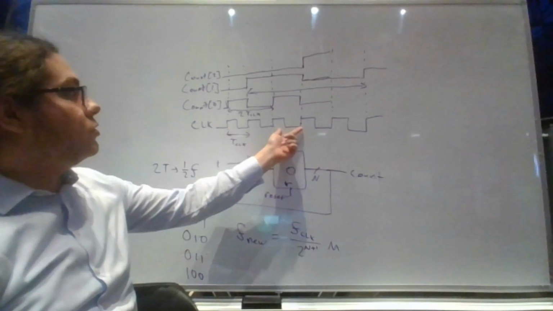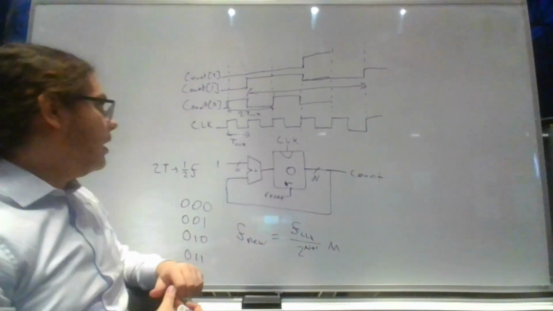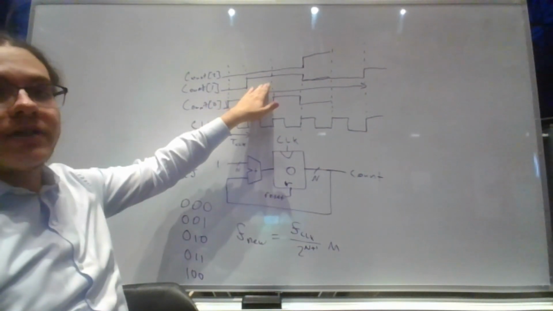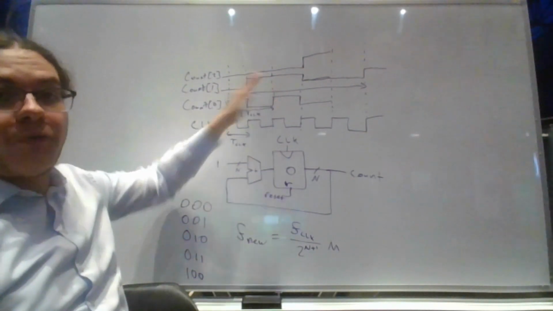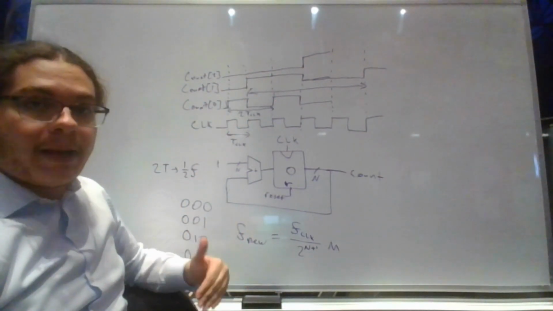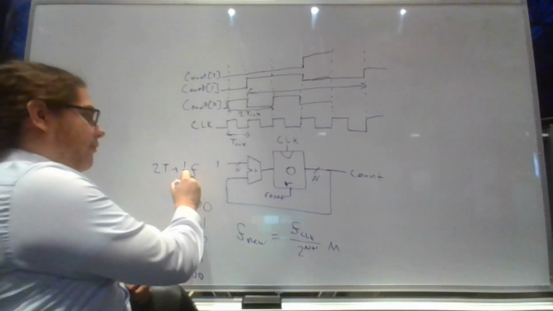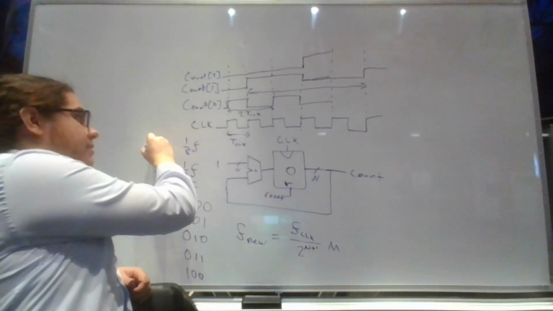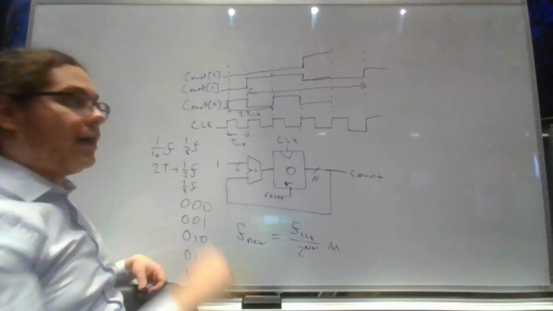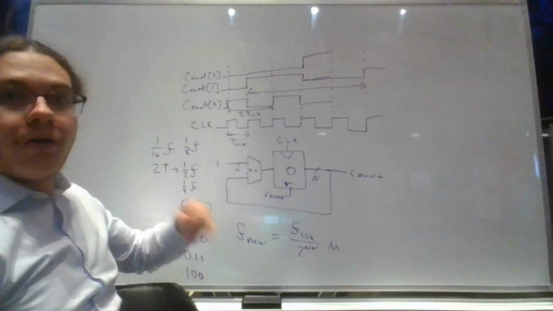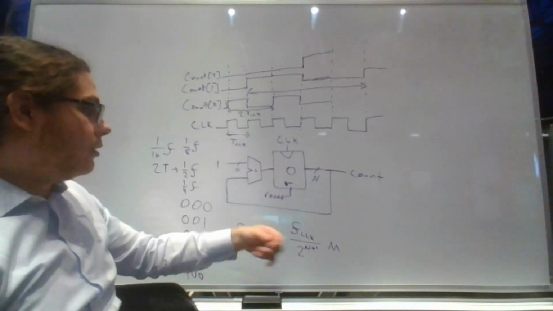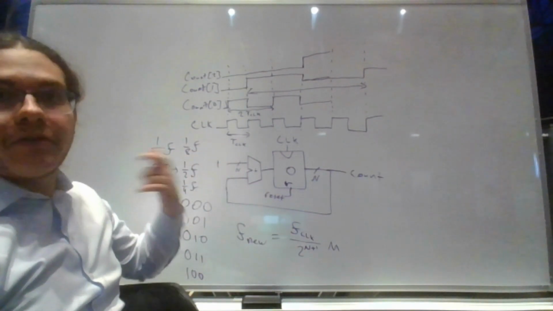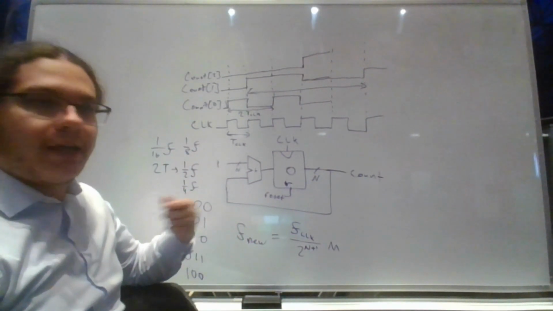So we have 1, 2, 3, 4. And so that means this period is 4 times that, or the frequency is a fourth. In general, you go in powers of 2. So you might have a fourth of the frequency, an eighth of the frequency, or a 16th of the frequency as you go down. Every time you go to the next most significant bit, you halve the frequency again.